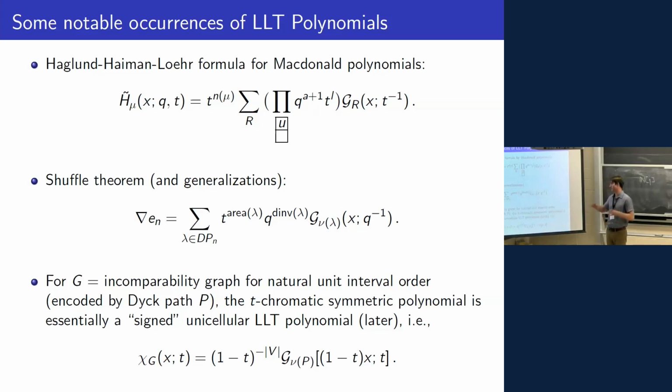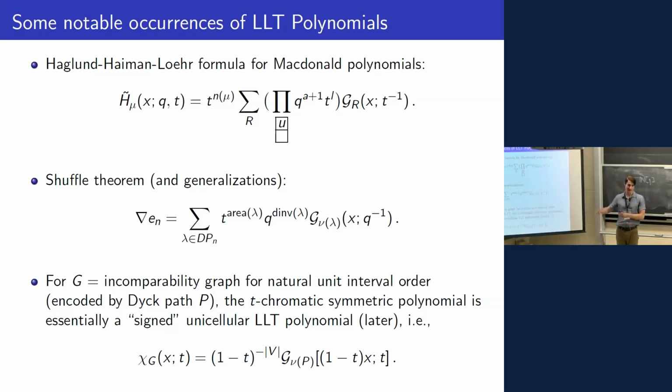These are a certain kind of symmetric function you can associate with a graph. In particular, if you have an incomparability graph for a natural unit interval order, then there's some q or t deformation of this, and it turns out that this is essentially something called a signed LLT polynomial, which we'll talk about later.